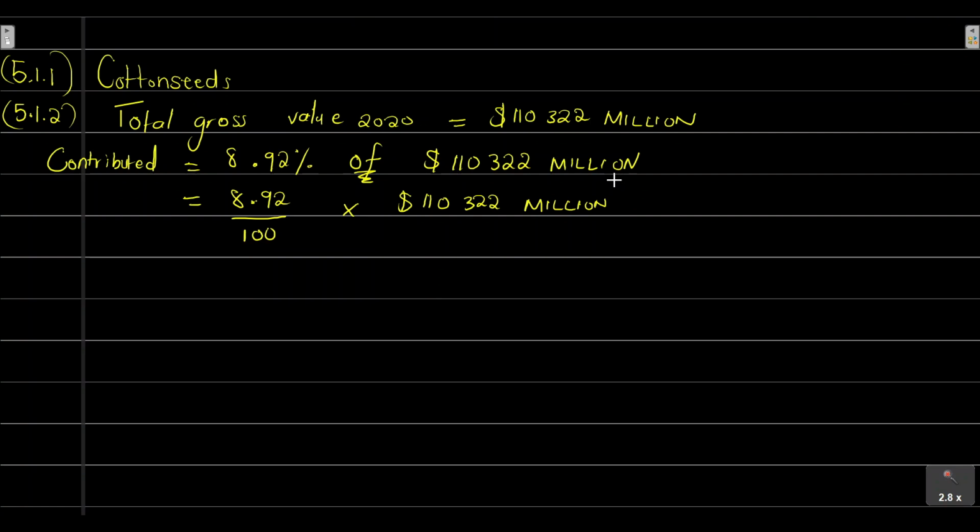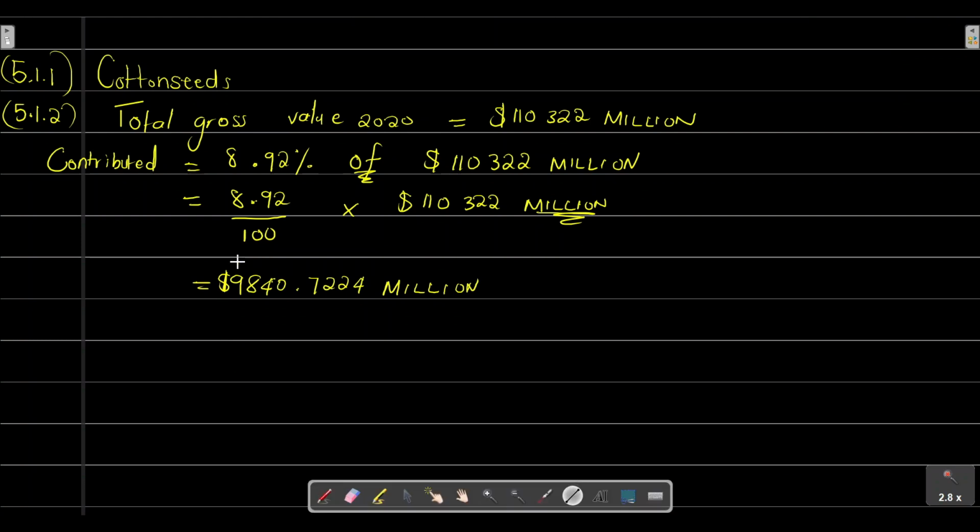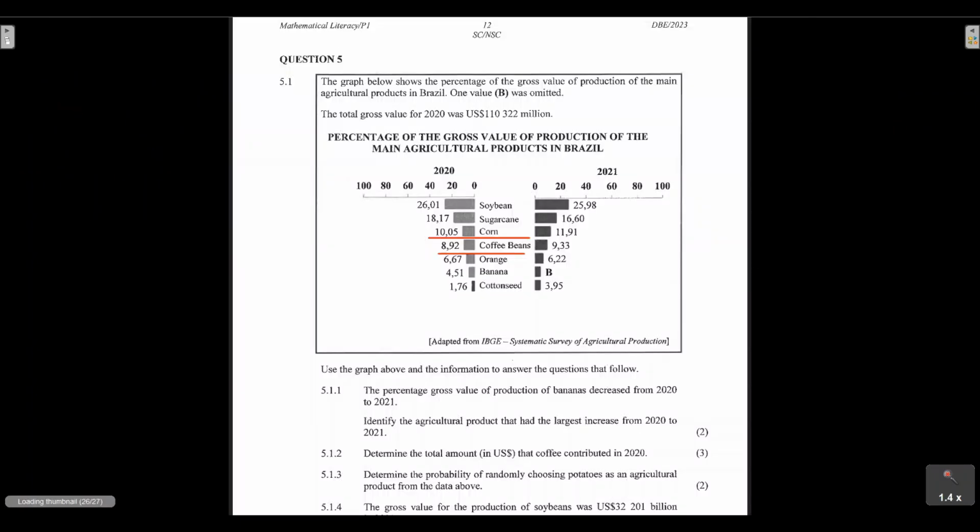If you punch this into your calculator, you'll find that the coffee contributed 9,840.7224. Don't forget the million. So the coffee contributed 9,840.7224 million US dollars. So that is that for question 5.1.2. All right, let's have a look at the next question.